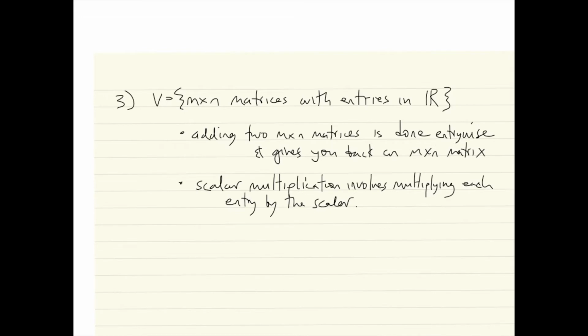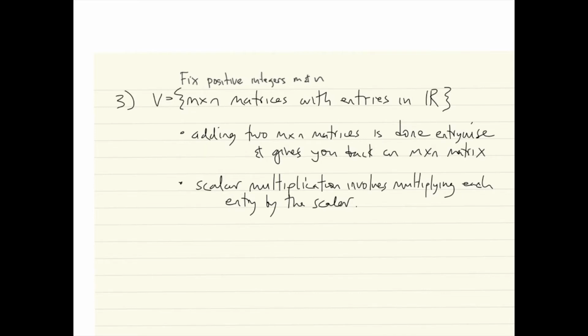Another example that seems quite different is if the vector space V, as a set, is the set of m by n matrices with entries in R, for some fixed m and n. Then I need to tell you how to add two m by n matrices and how to multiply an m by n matrix by a scalar.